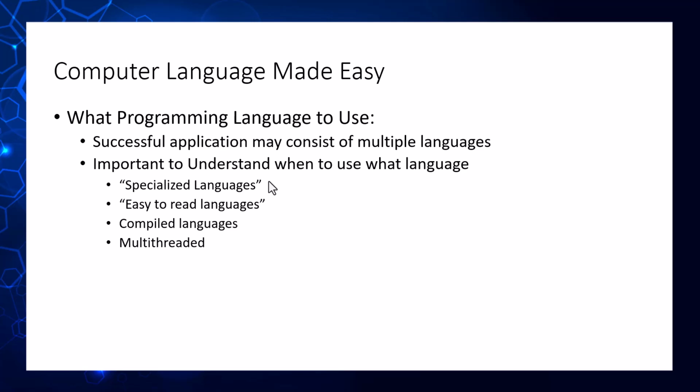Yes, it absolutely can be done, but there may be some libraries and other components that don't exist in one language versus another, which may make it harder and more time consuming to implement.